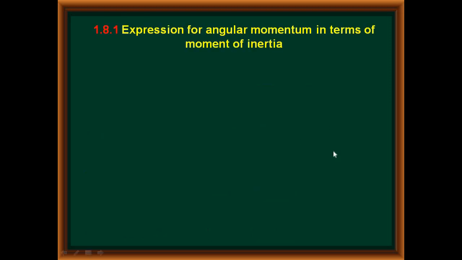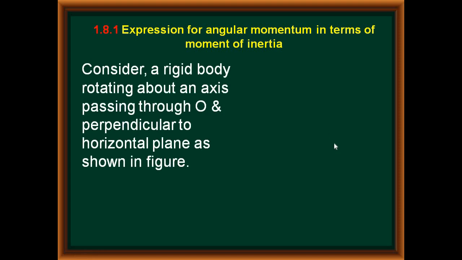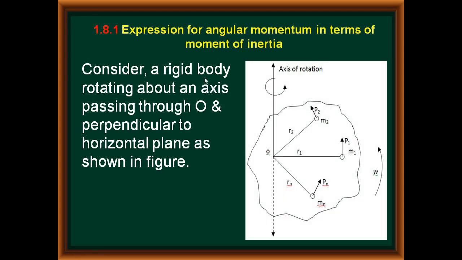Now the second point of discussion is the expression for the angular momentum in terms of the moment of inertia. For this, consider a rigid body. This is a rigid body of irregular shape, and this body is rotating about an axis passing through the point O. This is the axis of rotation.